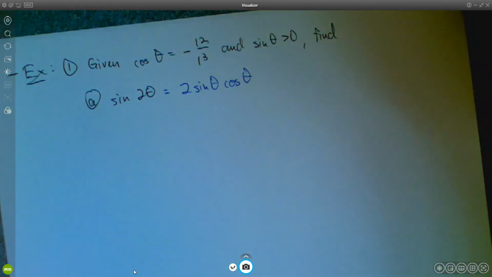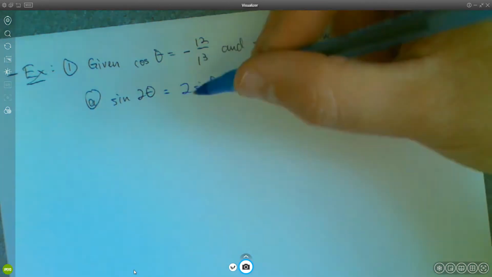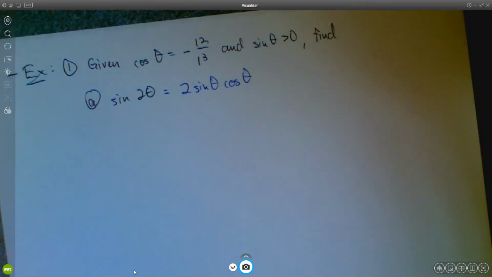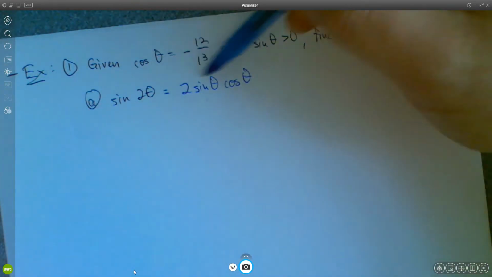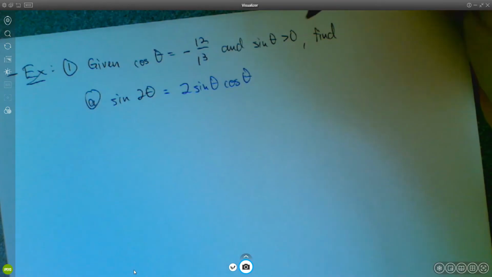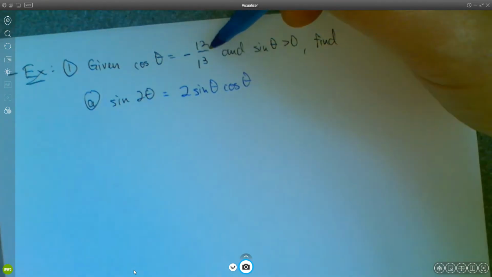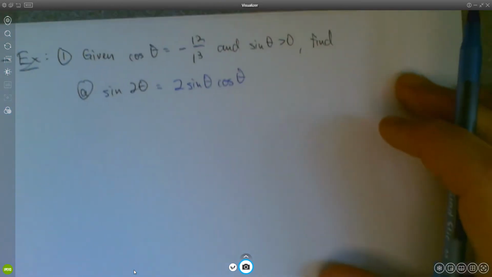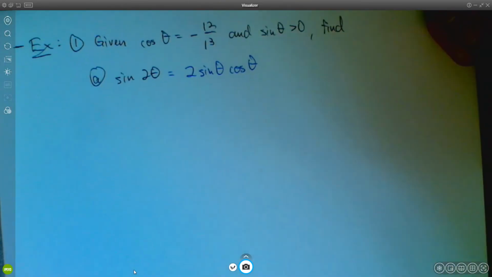That's the double angle identity for sine. So in order to find this, we need to know sine theta and cosine theta. We know that cosine theta is negative 12/13. So we could use a Pythagorean identity, or we could just draw a right triangle and solve for the missing side in order to find sine theta.